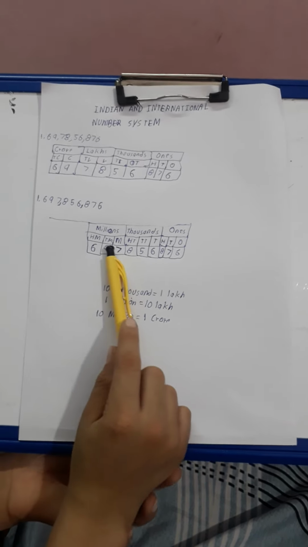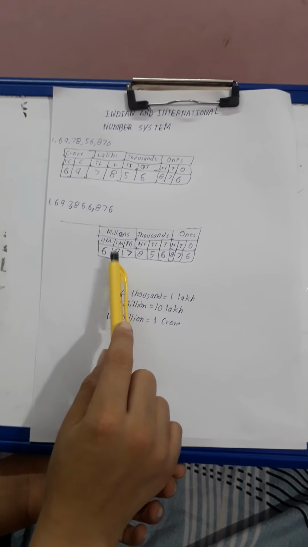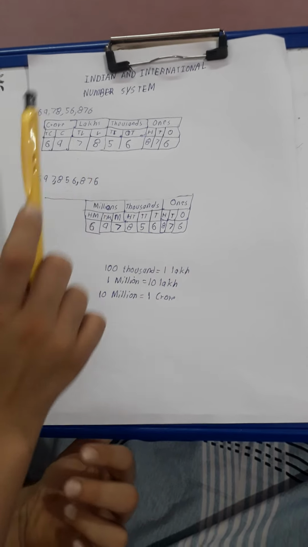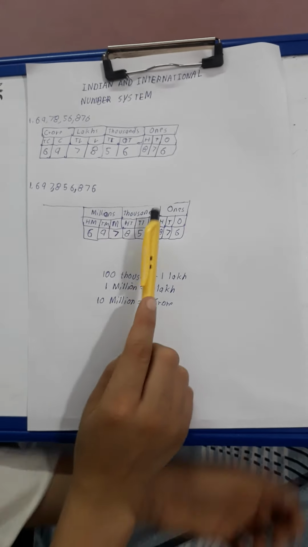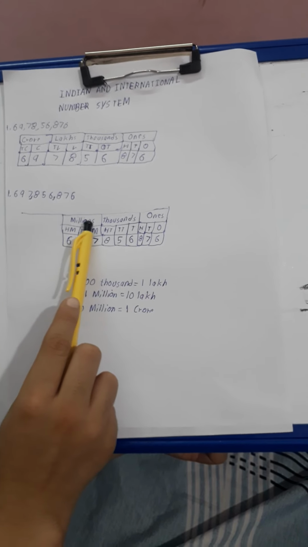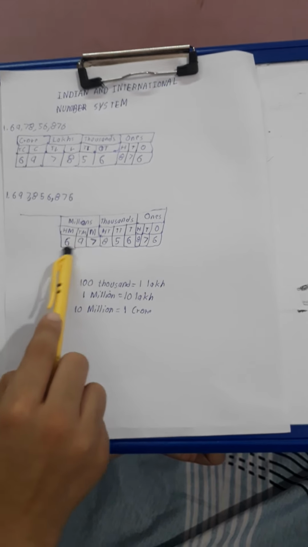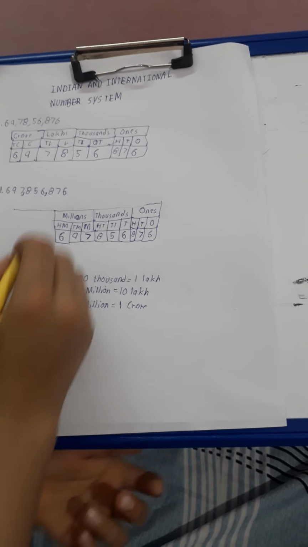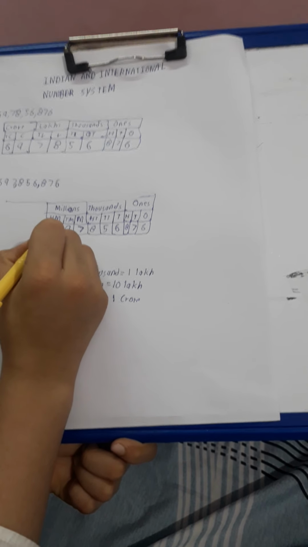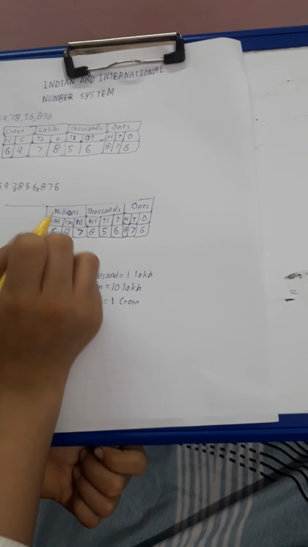So there is the number 99,999,999 and we plus 1 to it. So as I told you that in the international number system there are 3 digits, yeah, in all you can see 3 digits. So million also has 3 digits, and if we plus 1 to it, it will be 100 million.